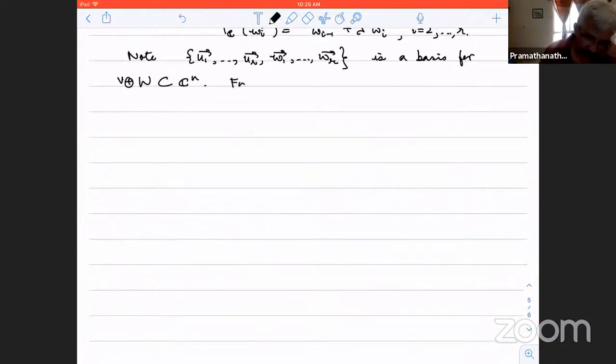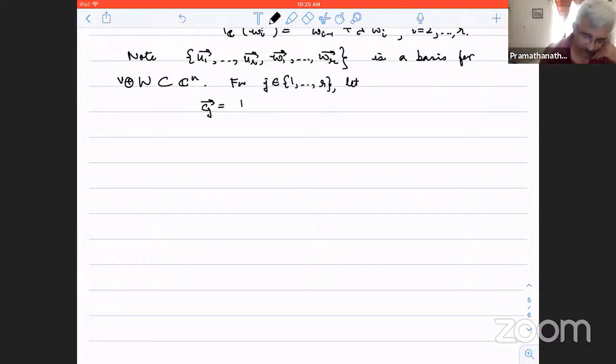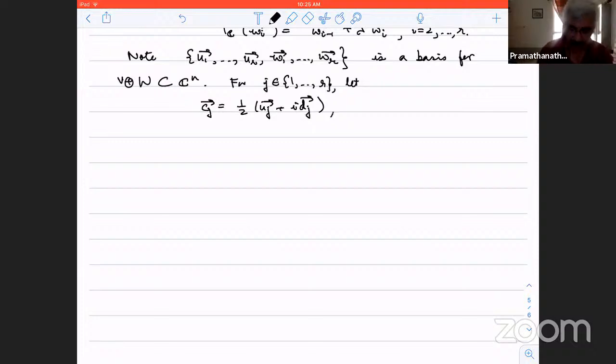For j belonging to 1 through r, let Cj equal half Uj plus Wj, and Dj equal to half Uj minus Wj.